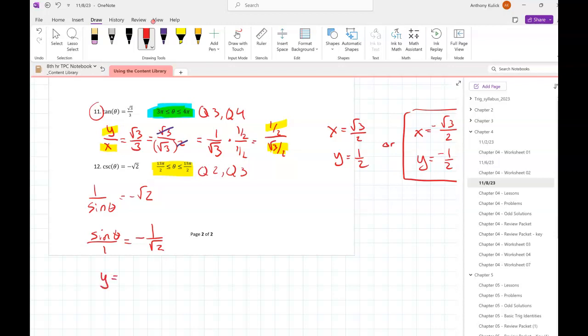And I know sine is just y. But if I go and look at the y coordinates, none of them say 1 over the square root of 2. If I go look at my unit circle, there's no y coordinate that has 1 over square root of 2. What's the matter?